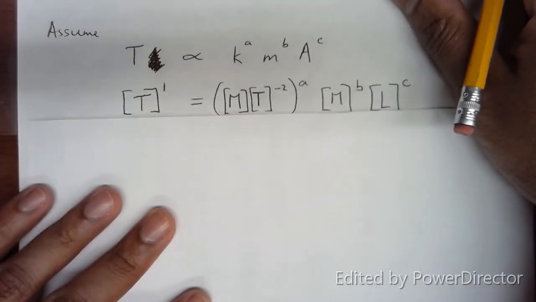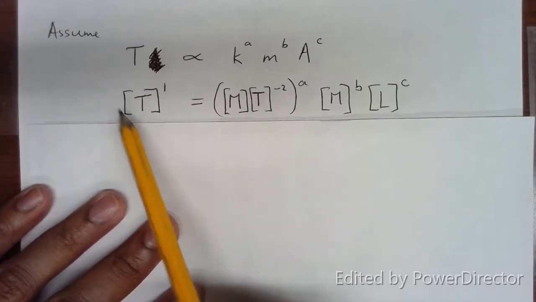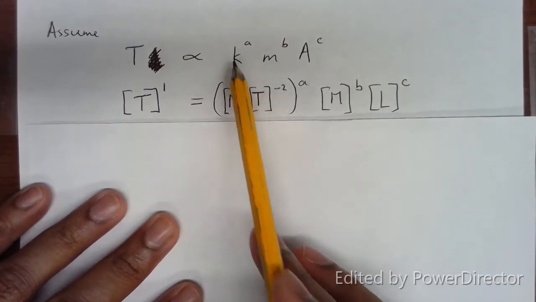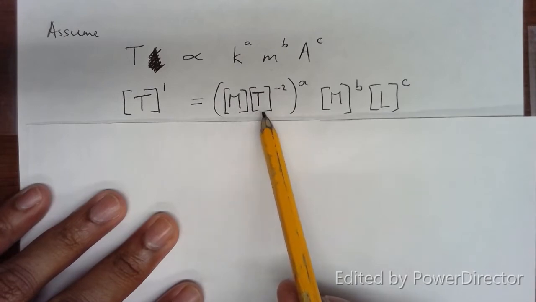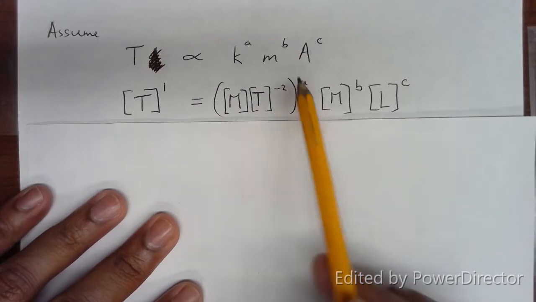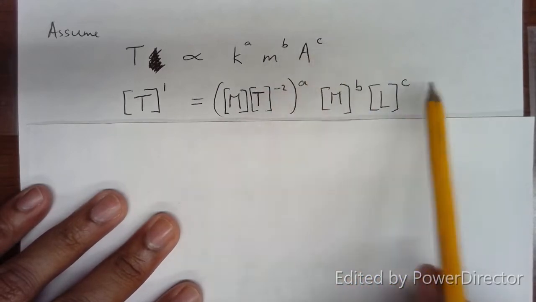Now we plug in the expressions for the dimensions. So time period has dimensions of time, no surprise there. The spring constant is mass and time to the -2. You raise the whole thing to a. Mass is just mass, amplitude is a length, and we have the respective powers.